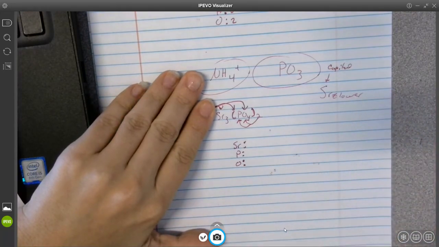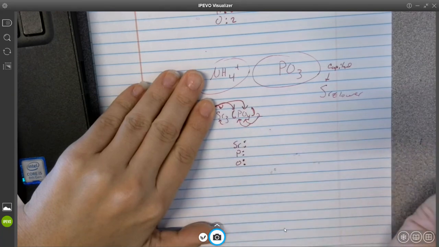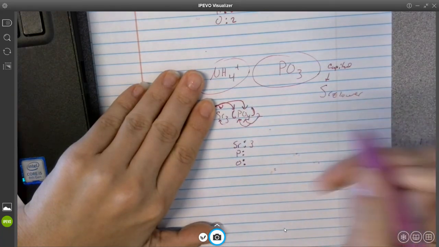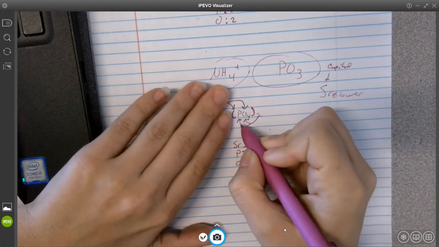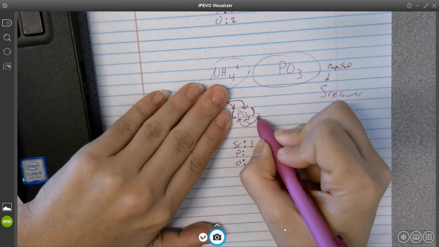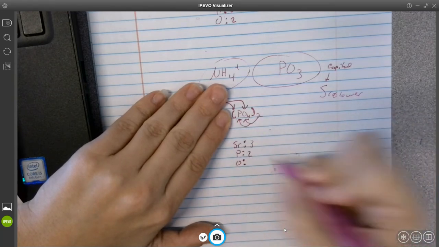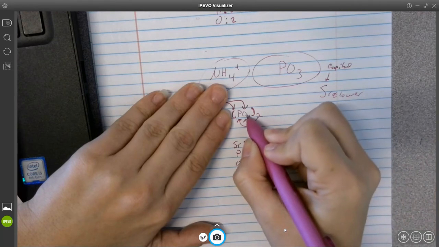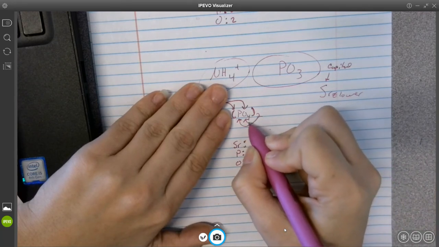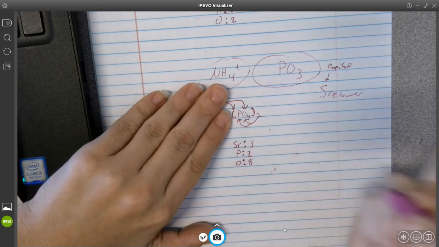We would have 3 Sr's. Within our parentheses, I have 1 phosphorus, but this is distributive, so 2 times 1 is 2. I have 4 oxygen, but again, this little 2 is distributive, so 2 times 4 is 8.